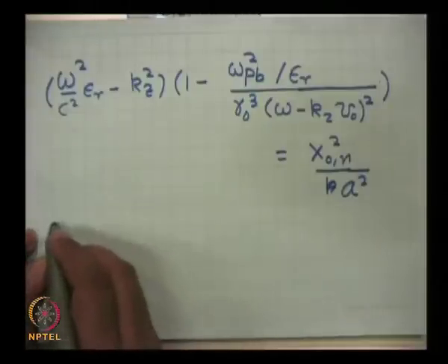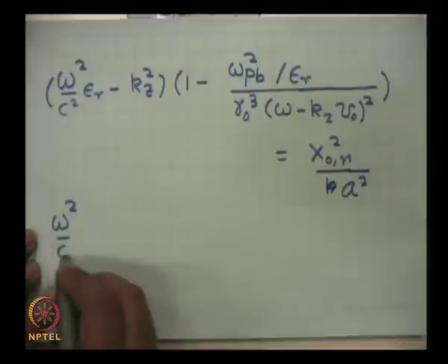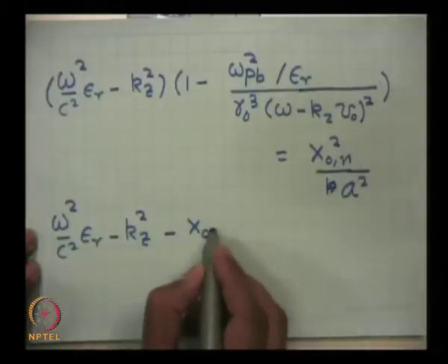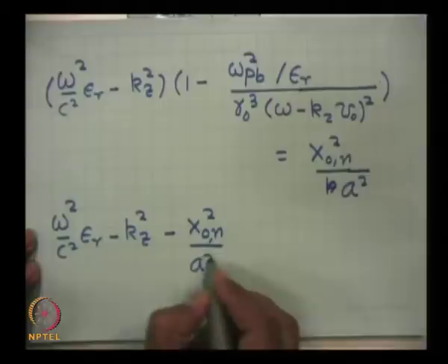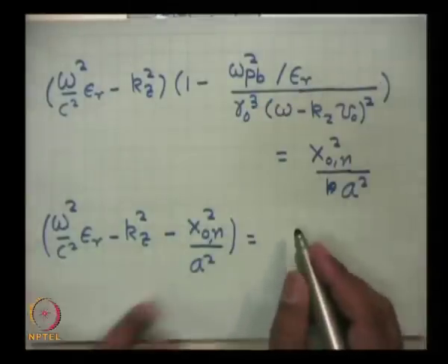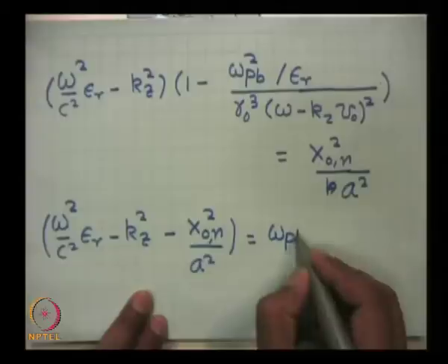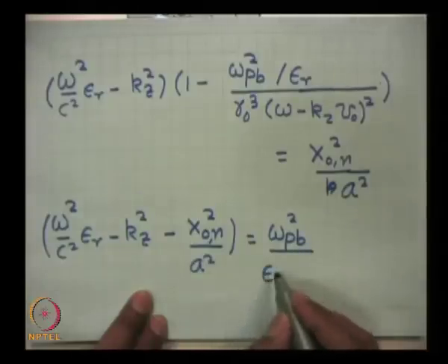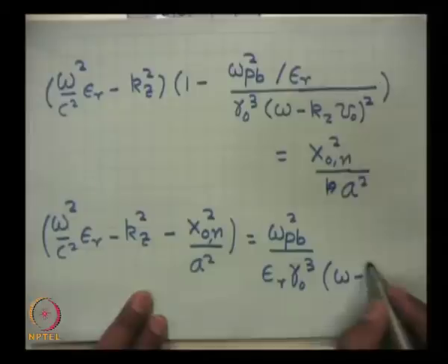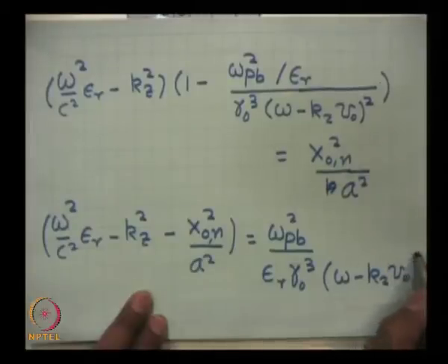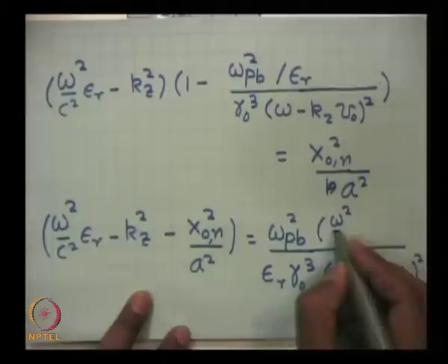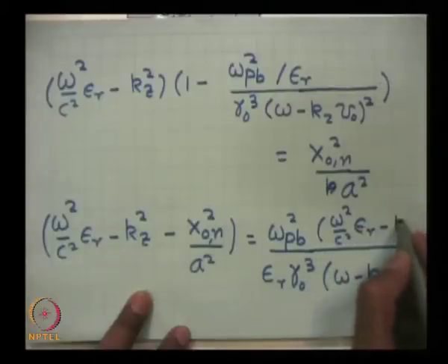Then this can be written in the following form: omega square by c square epsilon r minus kz square minus x0 n square by a square, and then take this omega pb term on the right hand side, which becomes omega pb square upon epsilon r into gamma 0 cube into this resonant denominator, omega minus kz v0 square, multiplied by this factor, which is omega square by c square epsilon r minus kz square.